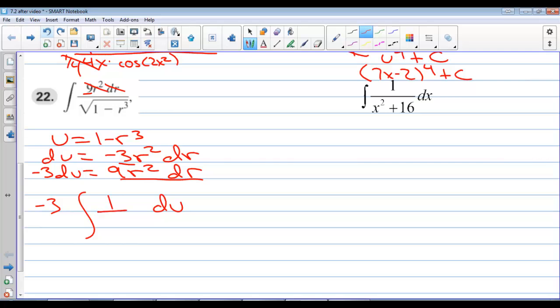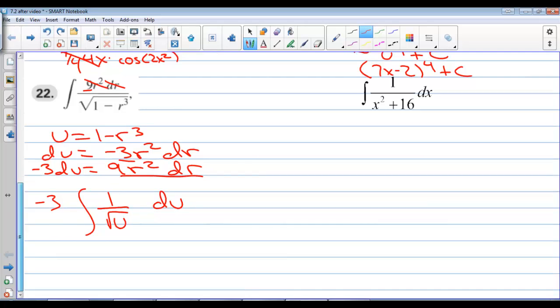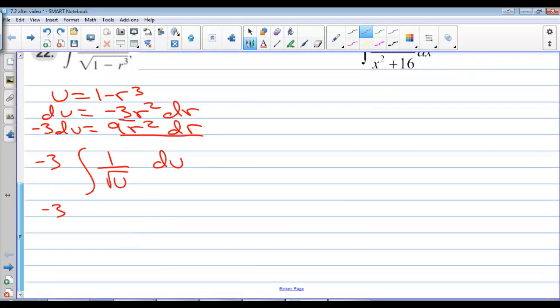And I have 1 over the square root of u, which is 1 minus r to the third. Now the question is, do I have something left that I can actually take the integral of? Yep, absolutely. So we have negative 3 integral of u to the negative 1/2 du. Make it a power, so we can use the power rule.